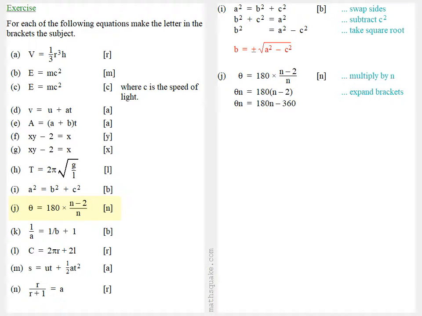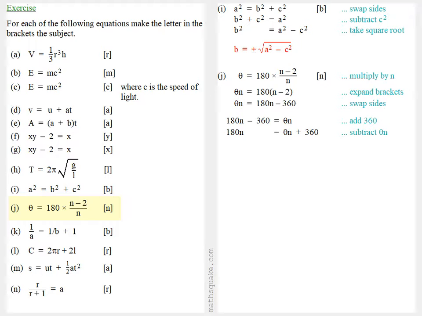So we have theta n equals 180n minus 360. Now, if we swap the sides, that gives us 180n minus 360 equals theta n. And if we add 360 to both sides, that gives 180n equals theta n plus 360 degrees.